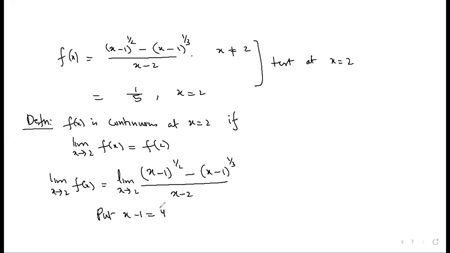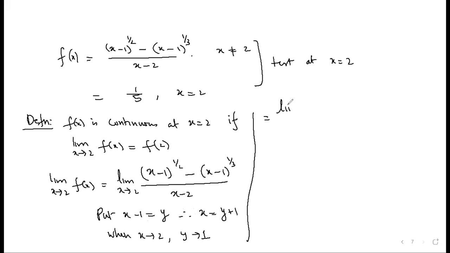x minus 1 is equal to y. That means, therefore, x can be replaced by y plus 1. And what will happen to the limit? When x tends to 2, y tends to 1. So I can write here limit y tending to 1, y raised to half minus y raised to 1 by 3 upon y minus 1.